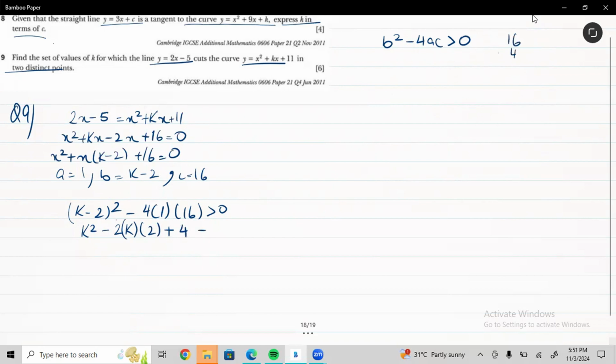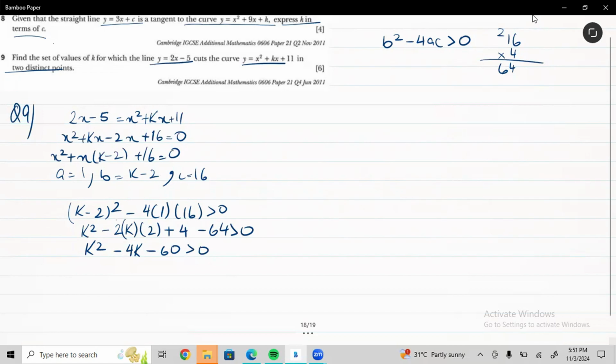I'm not going to use my calculator today. 6 times 4 is 24, 4 times 1 is 4, so 64. So minus 64 is greater than 0. So k squared minus 4k plus 4 minus 64, which is minus 60, is greater than 0.